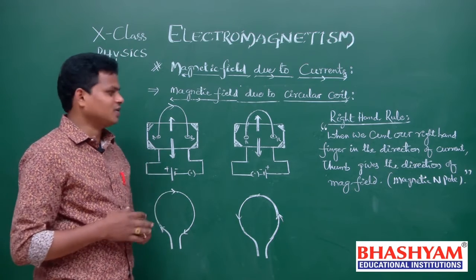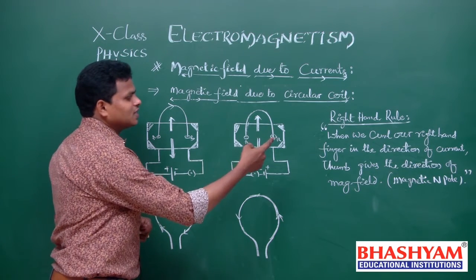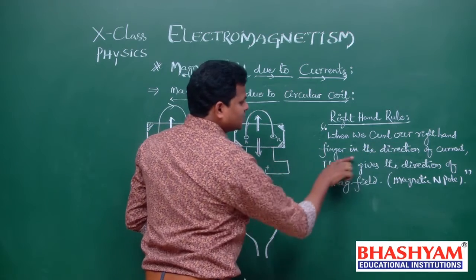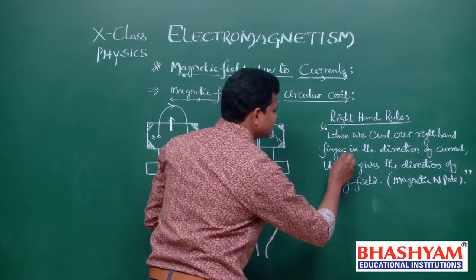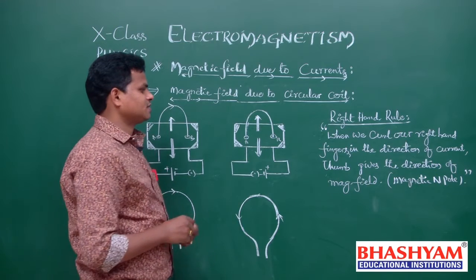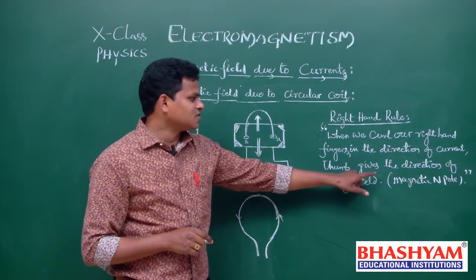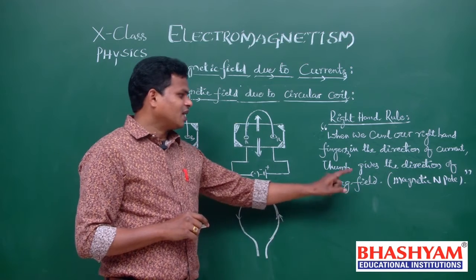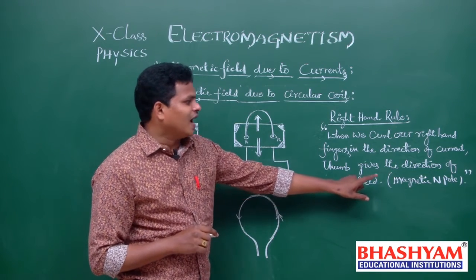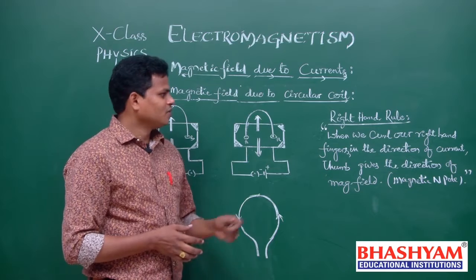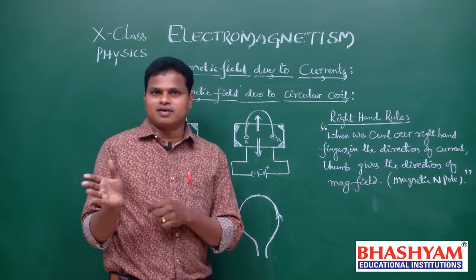Now apply this one. The right hand rule states that when you curl your right fingers in the direction of current, the thumb gives the direction of magnetic field, meaning the direction of the magnetic north pole. What is the meaning of that?